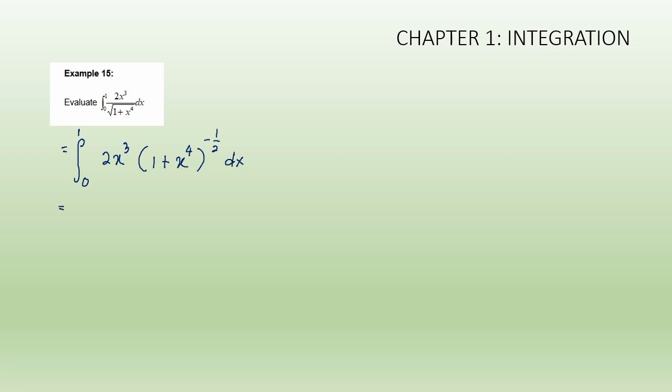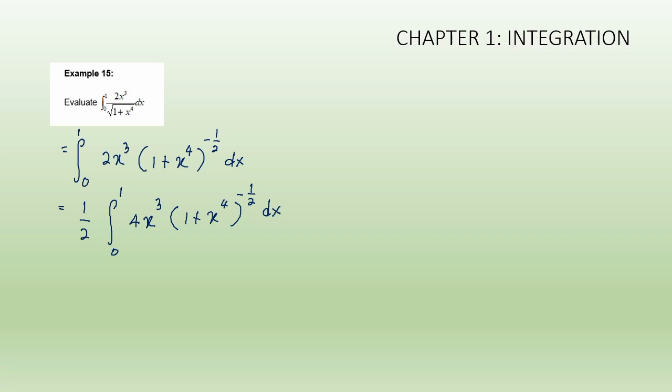So we can multiply the integration by 1 over 2 to the front, and the integrand would be 4x cubed times 1 plus x power of 4 with power negative 1 over 2 dx.